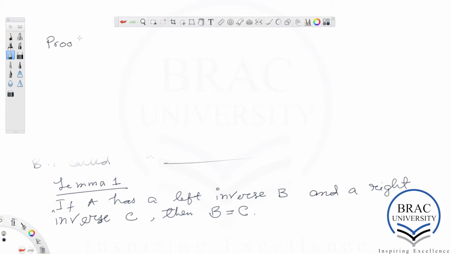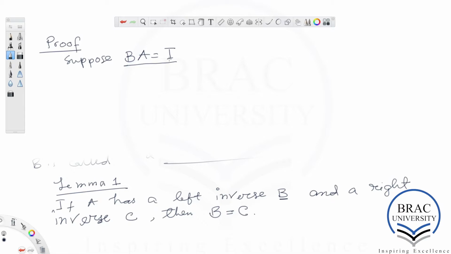Suppose BA is equal to I, because according to the hypothesis of the lemma, B is the left inverse of A, so that BA is equal to I is satisfied.